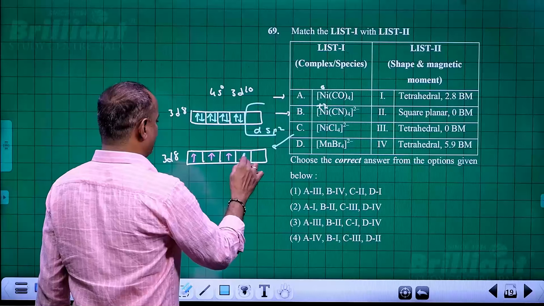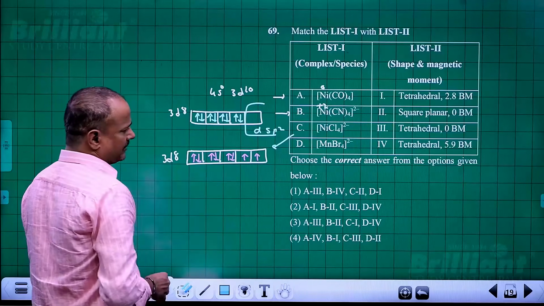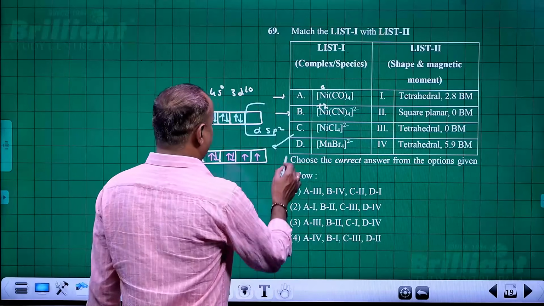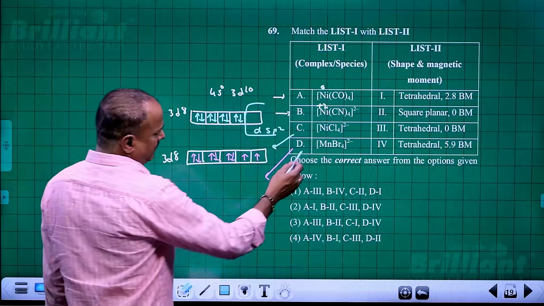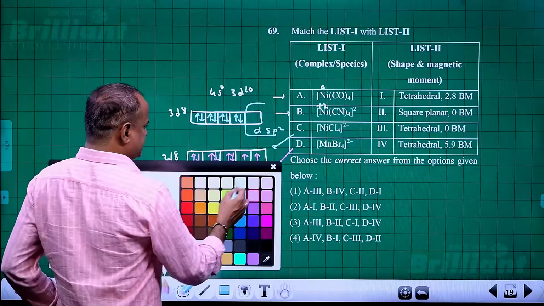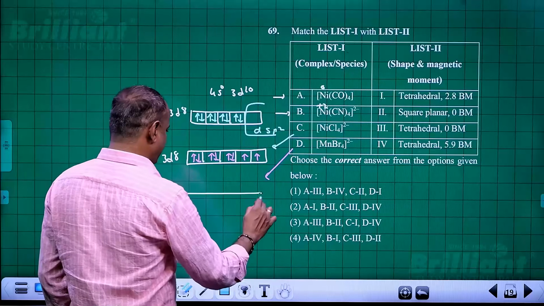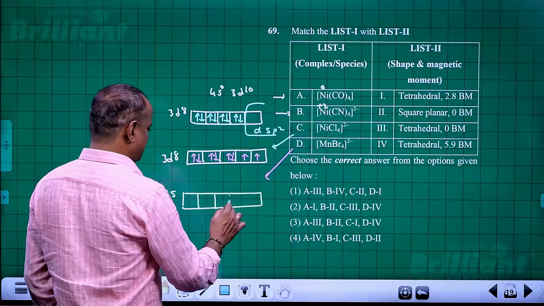1, 2, 3, 4, 5, 6, 7, 8. Manganese bromide, Mn in plus 2 state, 3d5, weak ligand, same 5 electrons, no pairing.